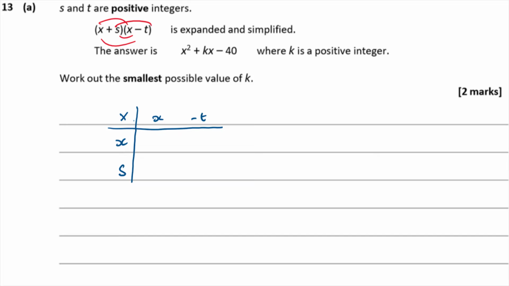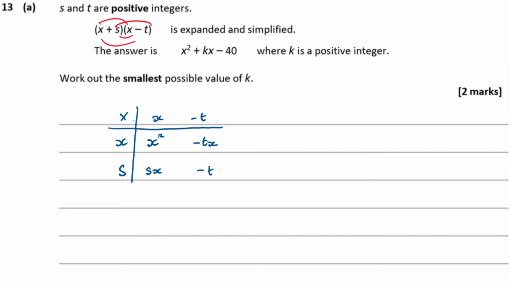So the first term in this expression is going to be x times x, which is x squared. Then I'm going to have x times s, which is sx. And then I'm going to have x times minus t, which is minus tx. And then I'm going to get s times minus t, and that is minus ts.